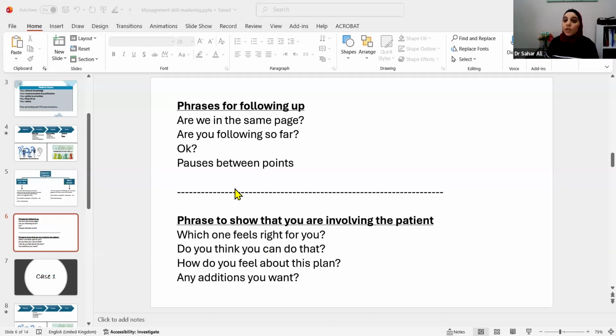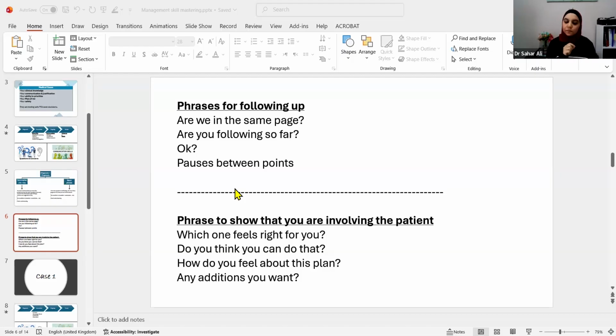And also I will involve my consultant to come and examine you again or reassess you and give his opinion about that. So you give your thoughts, you explain what you are thinking about, you explain what you are going to do, and then you involve your senior. This is another thing.